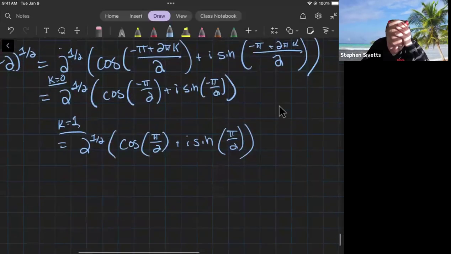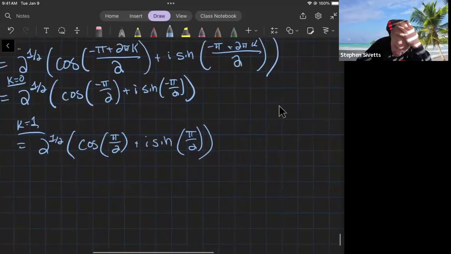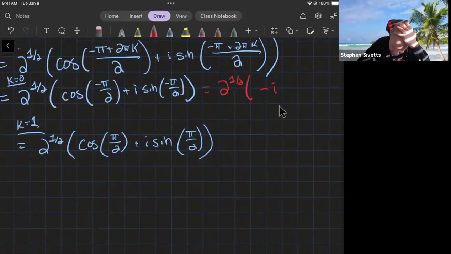Cosine of pi over 2 is 0, sine of pi over 2 is 1. So when k is 0, we have 2 to the 1/2 times minus i, and for k is 1 it is 2 to the 1/2 times i.